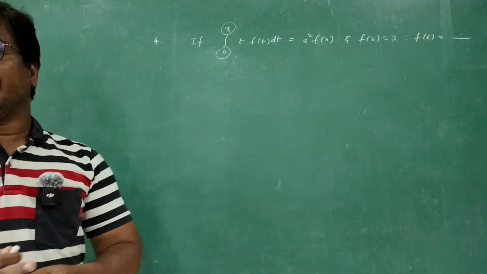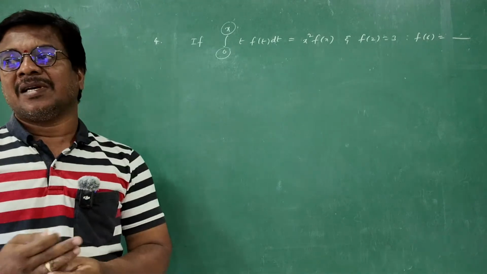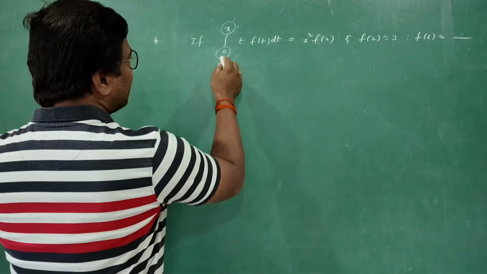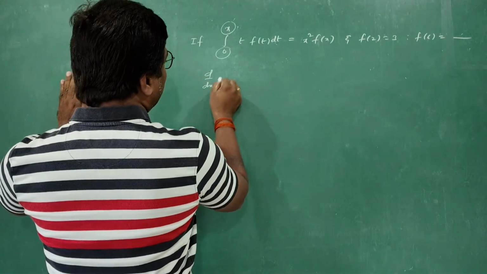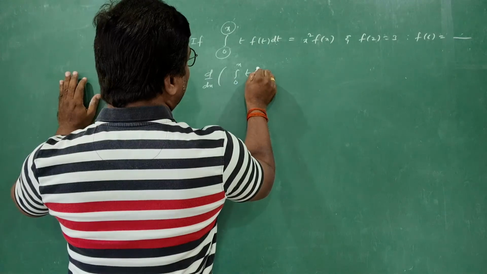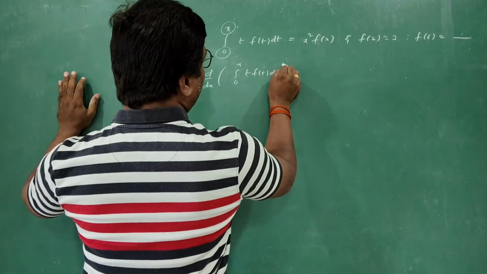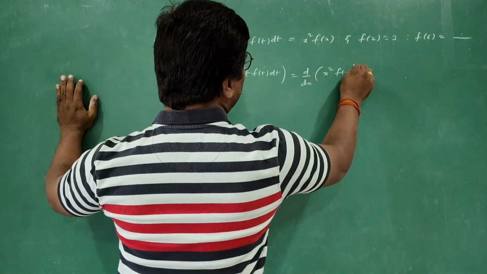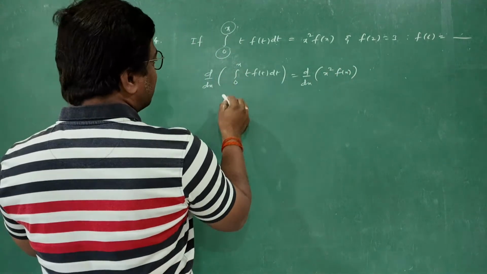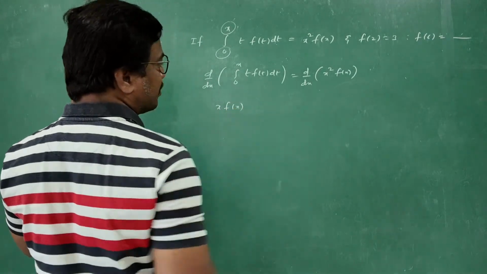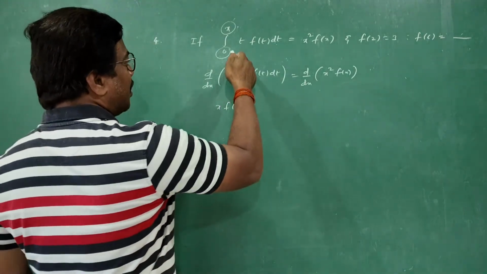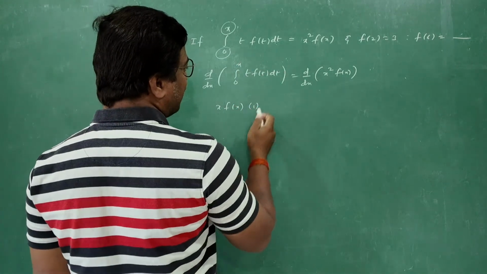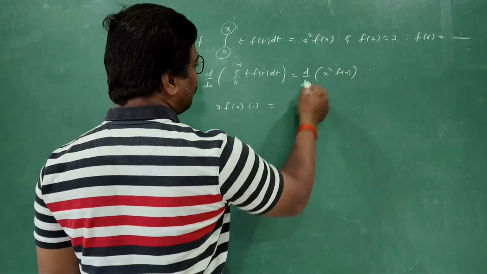Actually, the Leibniz rule is deleted from the syllabus, but questions are being asked in different shifts. Suppose I differentiate both sides with respect to x. First observe: this is x into f of x, replace t with x, and the derivative of x is 1. The second term you will get 0.